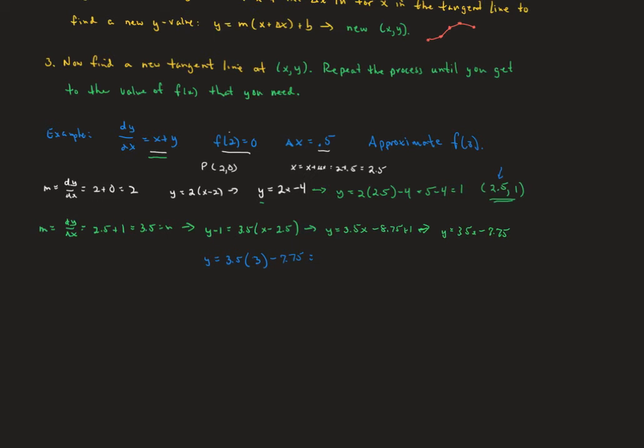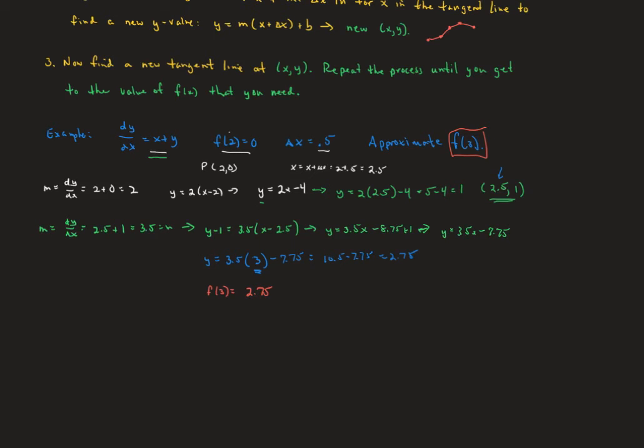So 3.5 times 3 is 10.5, minus 7.75 is 2.75. Now remember, this is the value we got at 3, so this is exactly our approximation to f of 3. It's going to be 2.75.